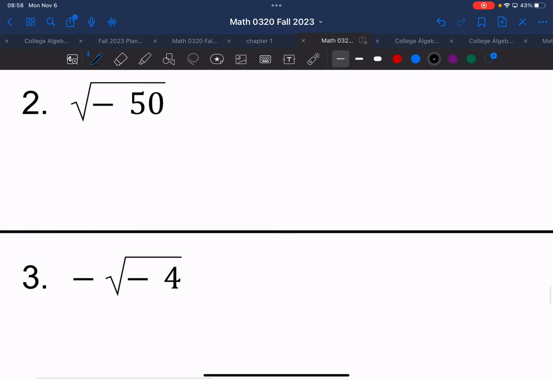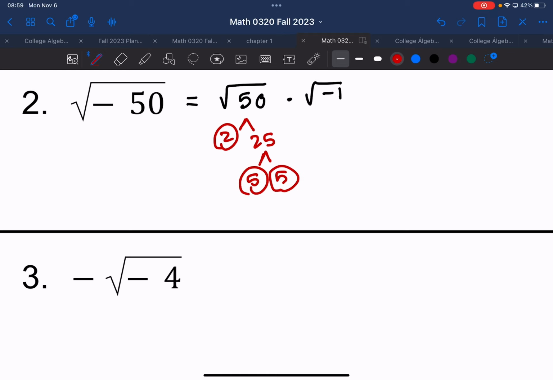So looking at the square root of negative 50, we can say that this is the same as the square root of 50 times the square root of what? Negative 1. Is the square root of 50 a perfect square? No, so we're going to have to use the prime factor tree. So we know that 2 goes into 50 25 times. What's the next prime number? 5 goes into 25 5 times.